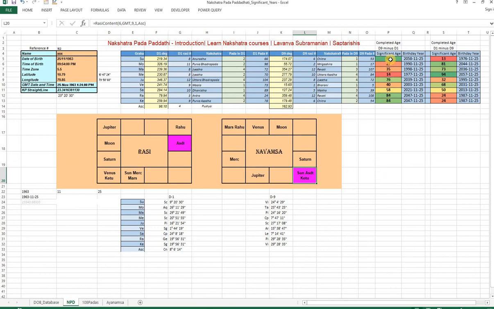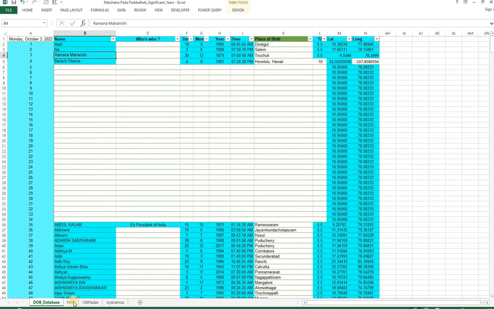But one can really get to know the very significant years in one's life just by using this technique. I will share this Excel file with the public. What it does is I create a full database of people.